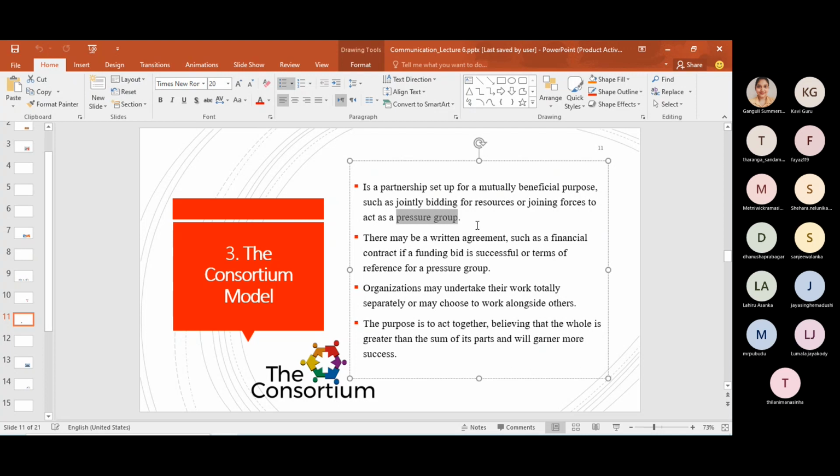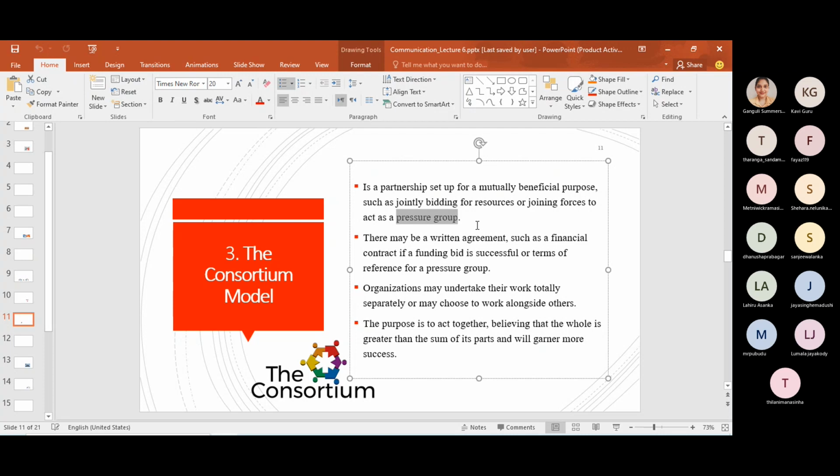So in this consortium model, what basically happens is all the partners in this partnership get mutually benefited by, for example, bidding for resources and acting as pressure groups.